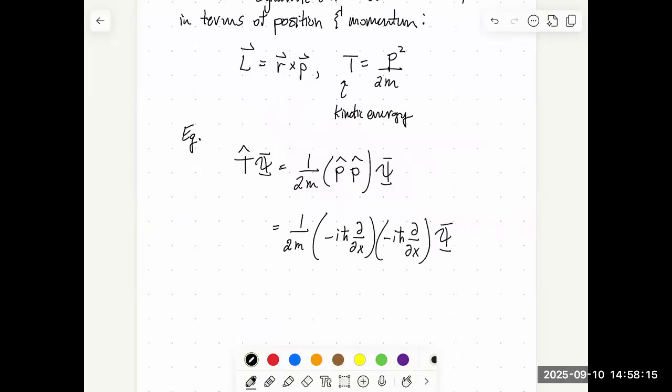Okay, let's see. Minus signs cancel, but then we have i squared, so the minus sign comes back. So we have minus h bar squared over 2m, and then we have two derivatives with respect to position acting on our wave function. Do you remember seeing this anywhere? Where have we seen that?